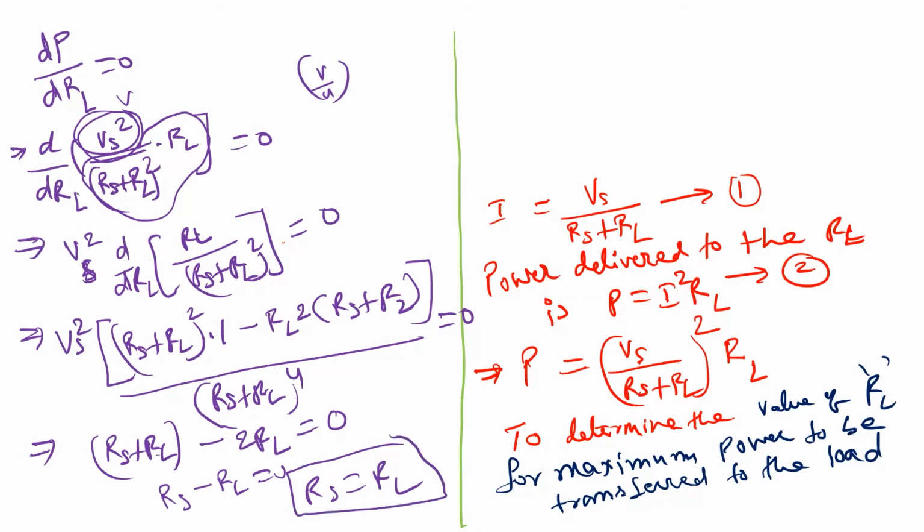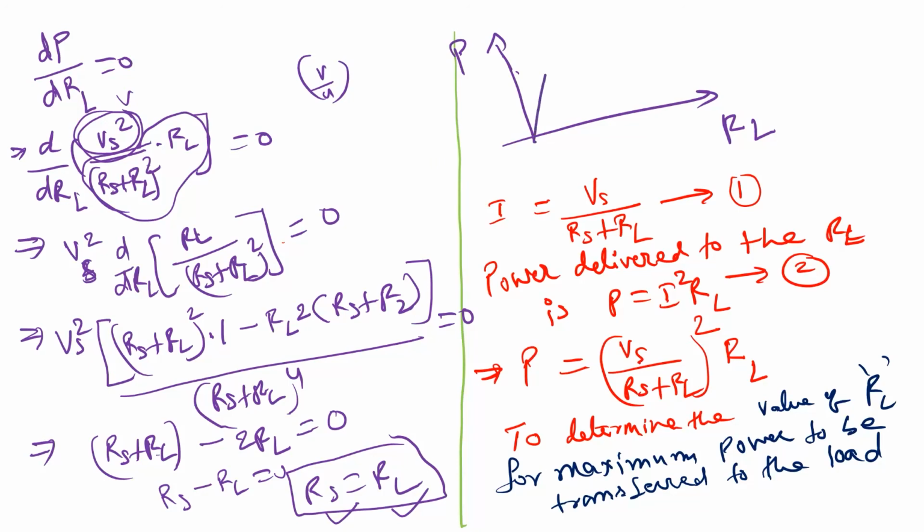So maximum power is transferred from source to load when source resistance is equal to load resistance. And also we see this diagram, the graph. You should remember, this one is the load resistance and the Y-axis is the power.